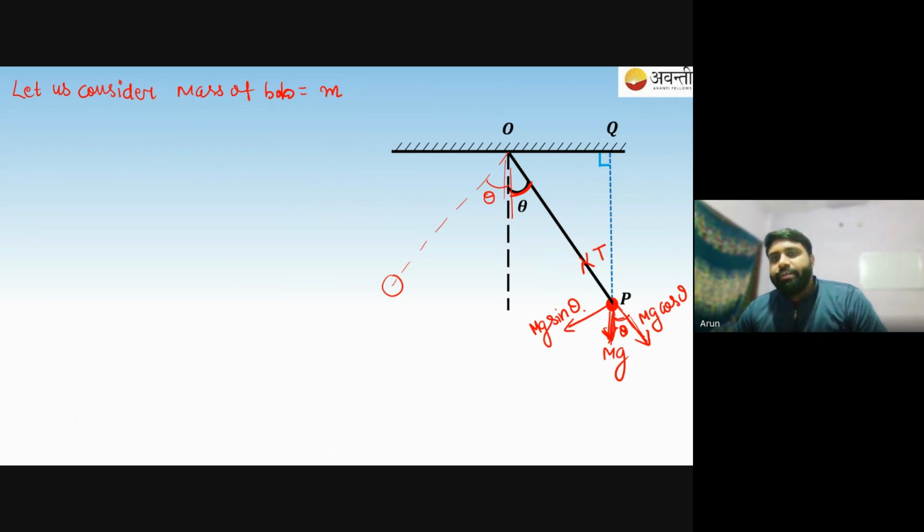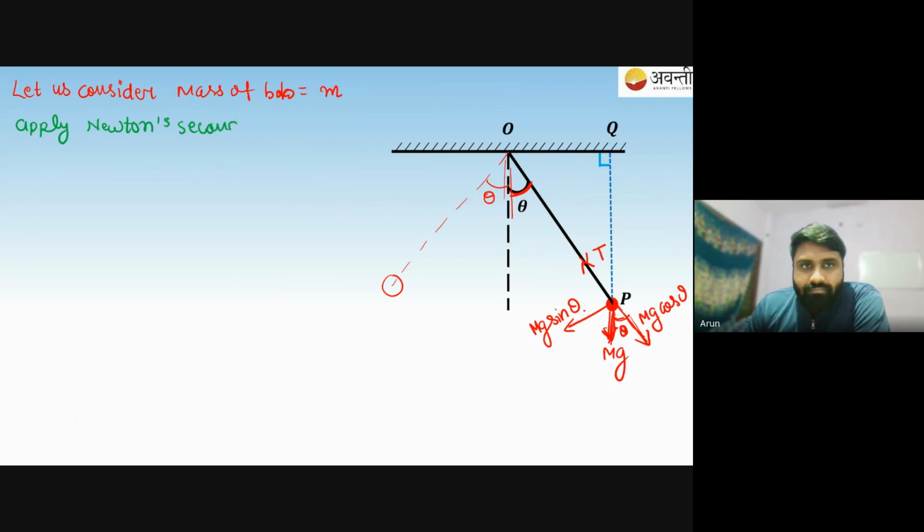So what we are going to do is apply Newton's second law in radial direction.